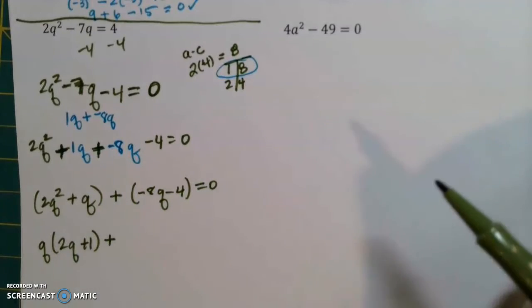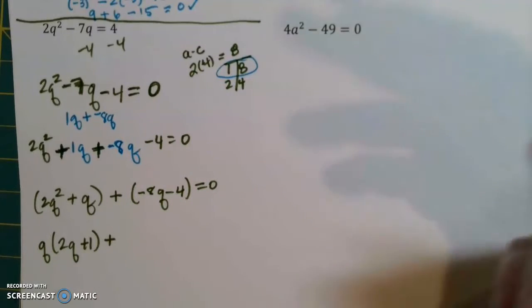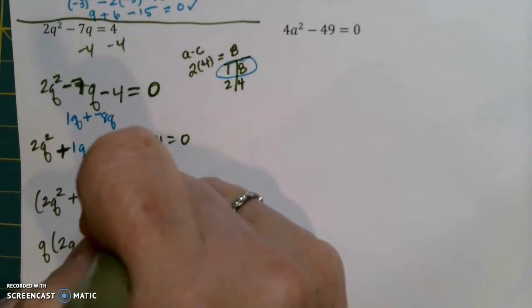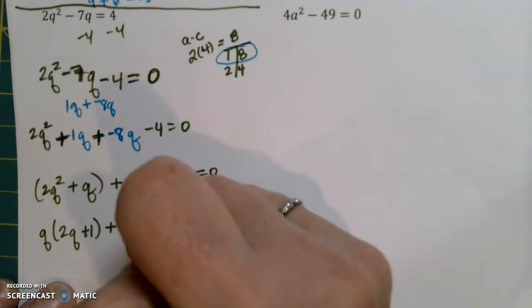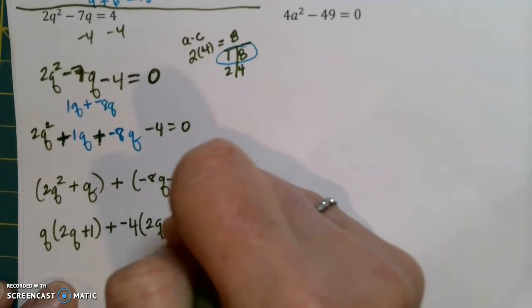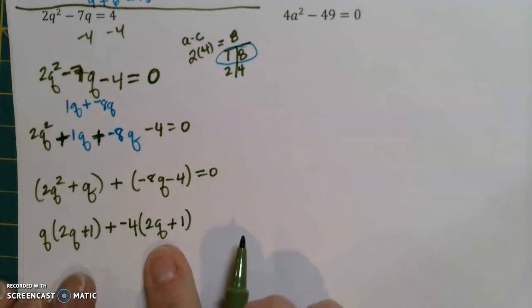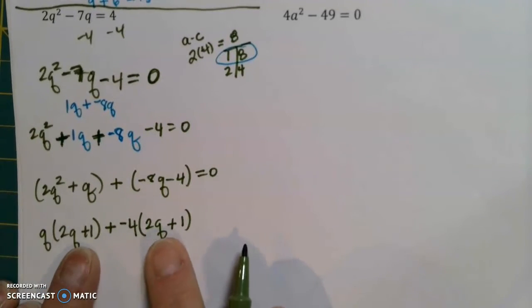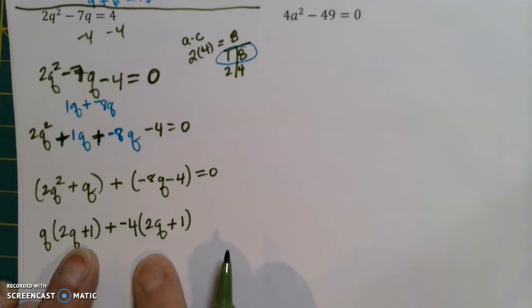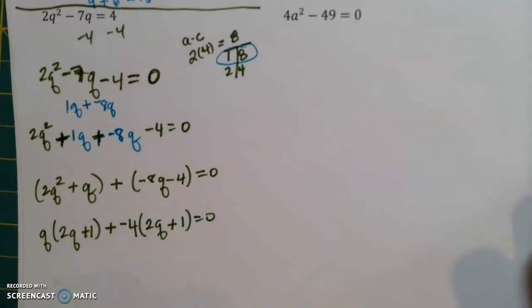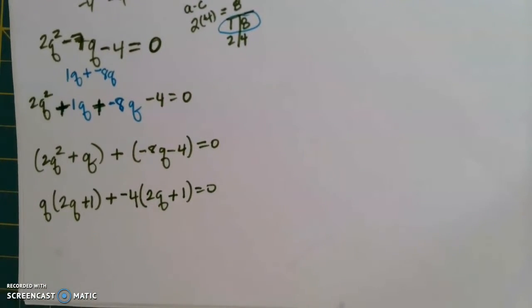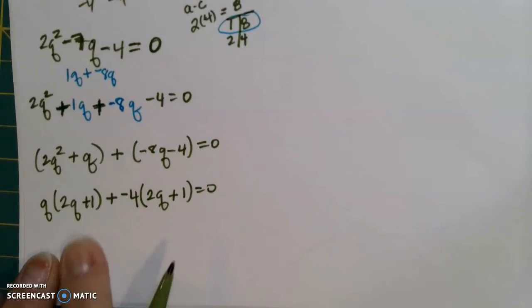Given that we've got both of those being negative, that's usually a pretty good indicator that we will want to pull out the negative factor. And if we do that, then that's going to leave behind a positive 2q plus 1, which will match the first binomial that we got there.